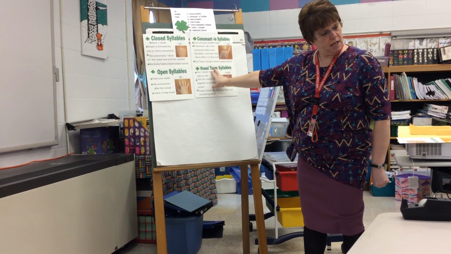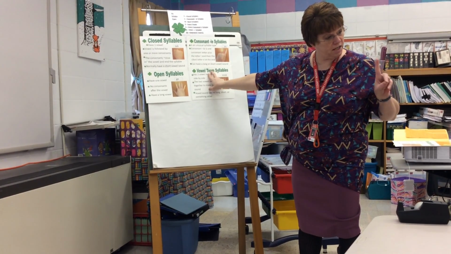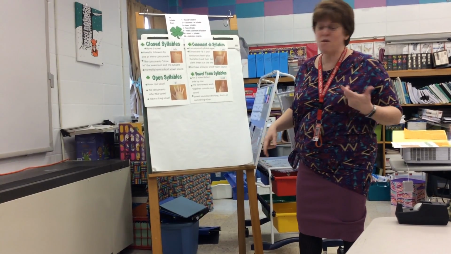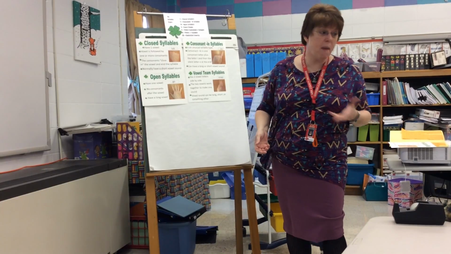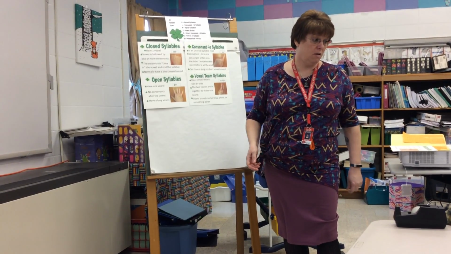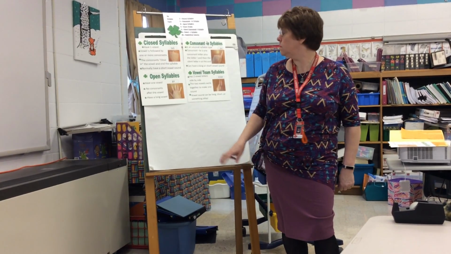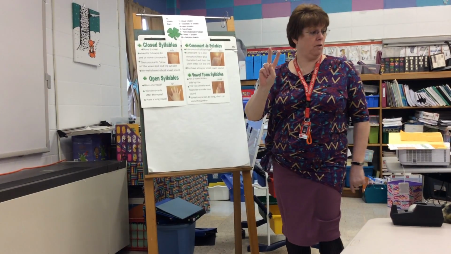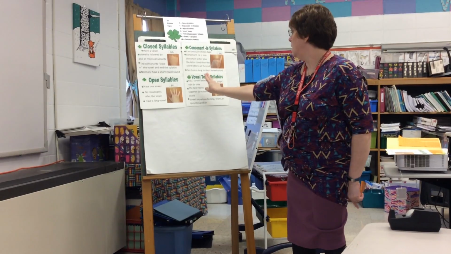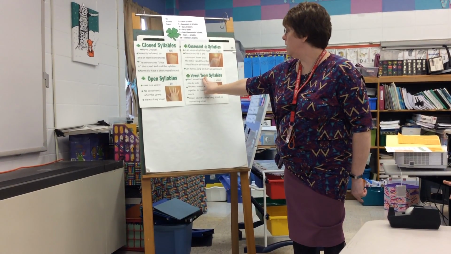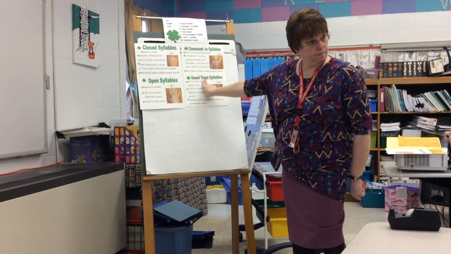Those two vowels work together to make one sound. The sound is sometimes long, sometimes short, and we're even going to learn about some other vowel sounds that are not long or short. But our gesture for vowel team, two fingers like a peace sign, you put them closer together, and they go right under the vowels. Okay?